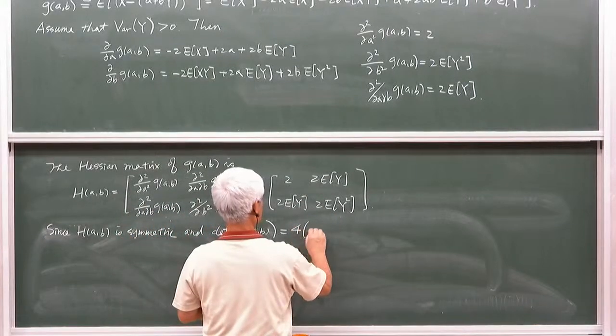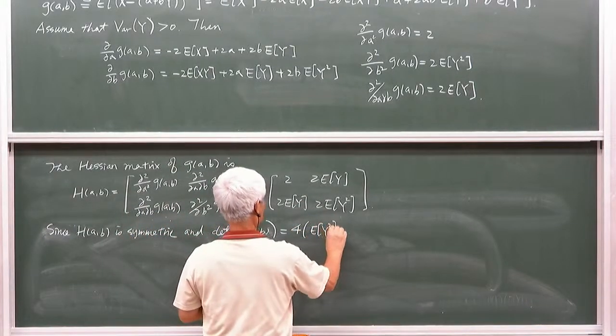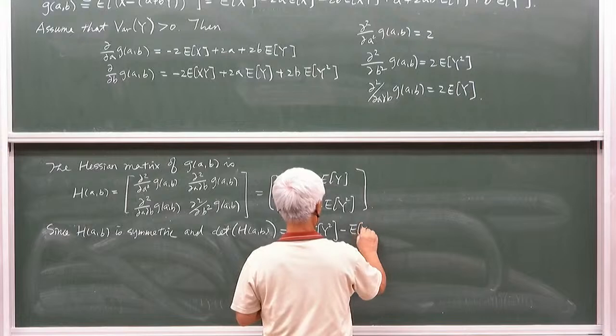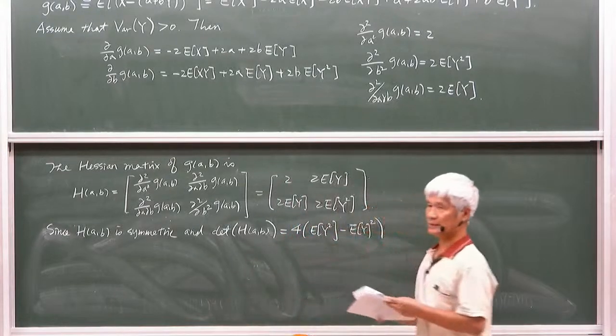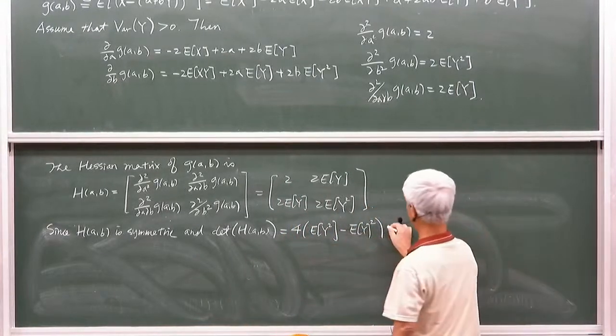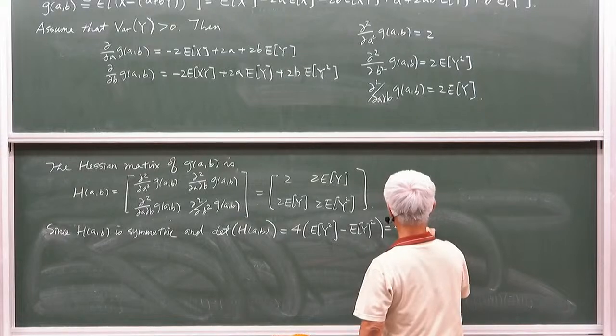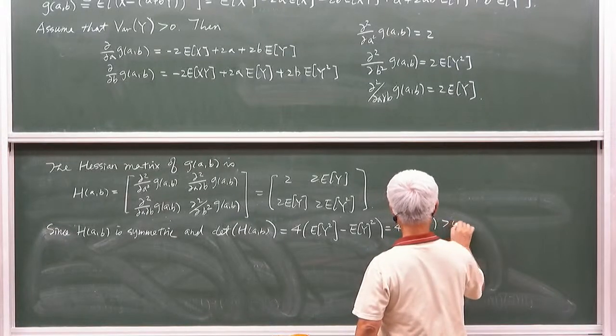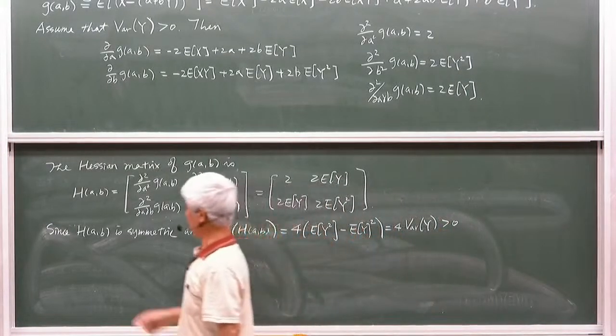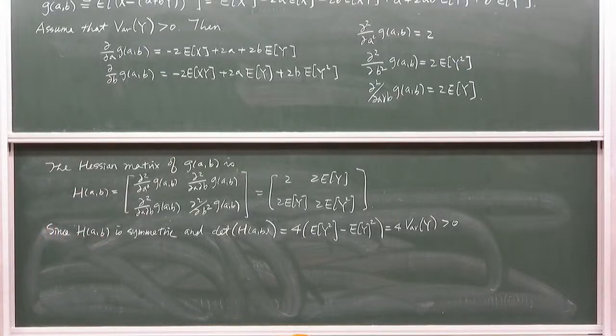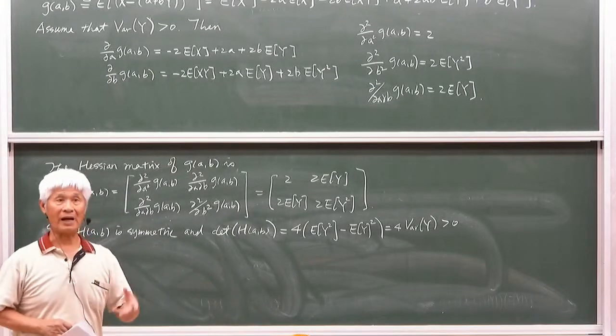to 4 of the, minus, here, the difference. And what is the difference? This is just the variance of y. So it's positive. All right, so you get a 2 by 2 matrix, which is symmetric, and the determinant is positive.